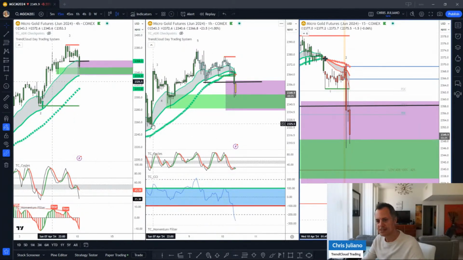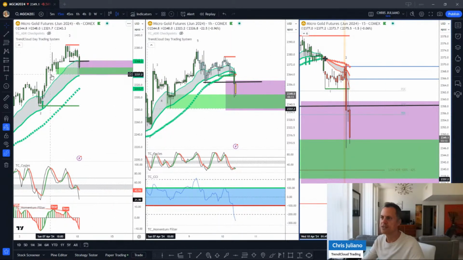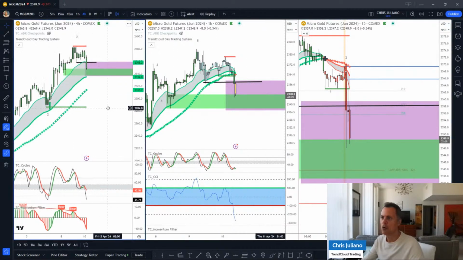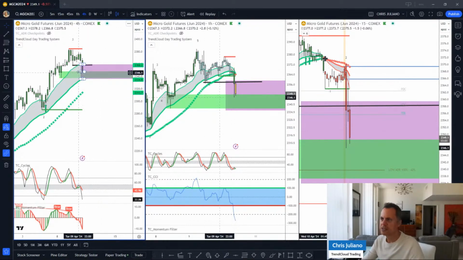Okay, let's talk facts. Let's just be real simplistic with our plan, right? If you have an uptrend, yes, you are looking for demand zones to continue that uptrend. Okay, where are those demand zones going to take place? They're usually going to take place inside of your trend cloud, this area right here that we boxed out purple.